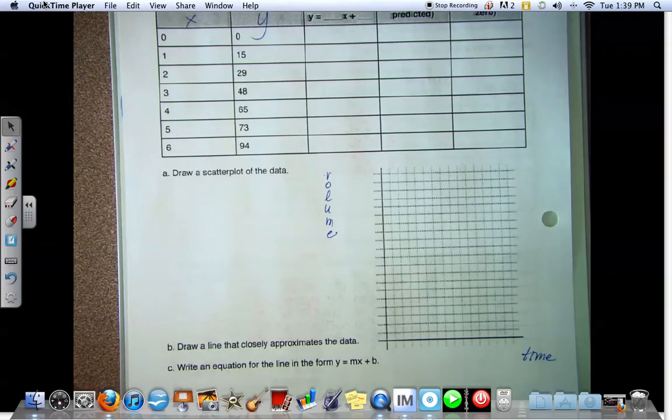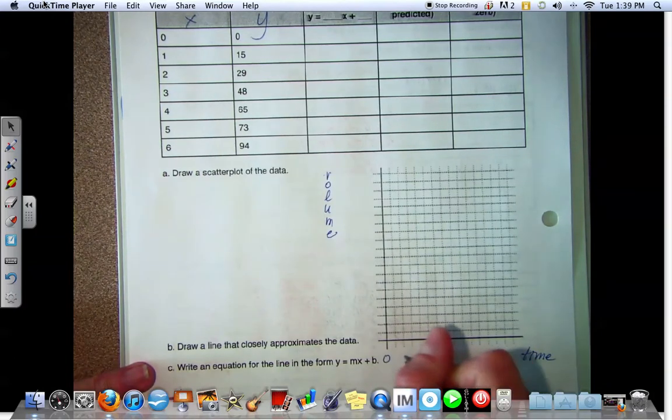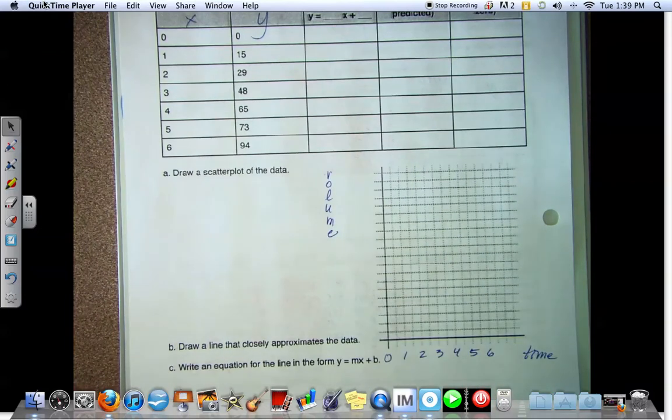We need to go up to what on time? 6. Okay. What do we need to go up to for volume? 94. So increments of what? You guys want to do 10 or you want to do something else?